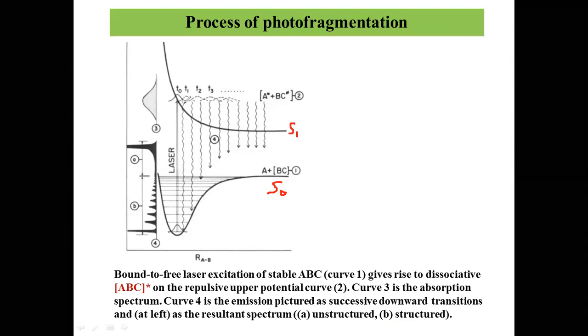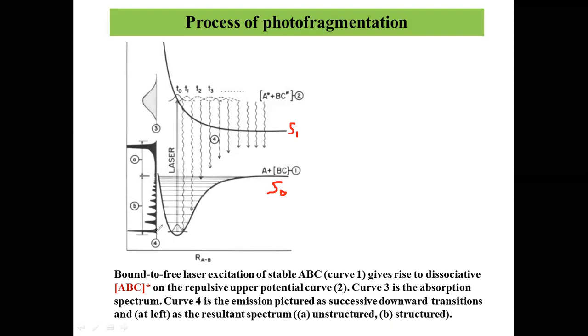Now if the system is excited like this, then it can come back to the ground state, right? Depending on this time, that picture can be generated using the wave packet dynamics. Now at t equals t1, when it comes here, I take the overlap integral of this and this. Whatever the overlap integral is, that gives me the intensity in this spectrum.